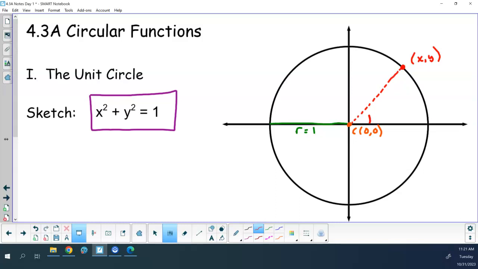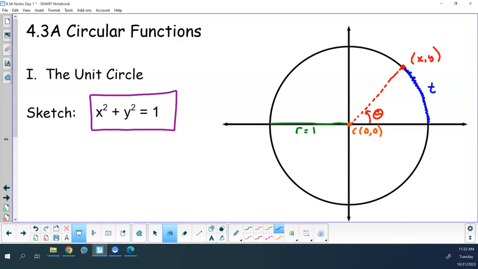This central angle right here, as long as I'm measuring it in radians, let's call theta, would have the same length, or I should say that theta is going to produce a wrap value. Now we call the wrap value t.